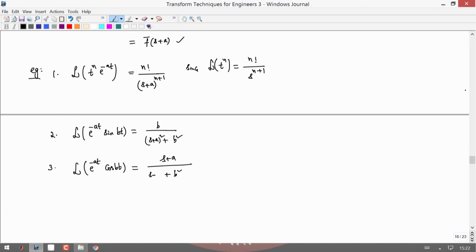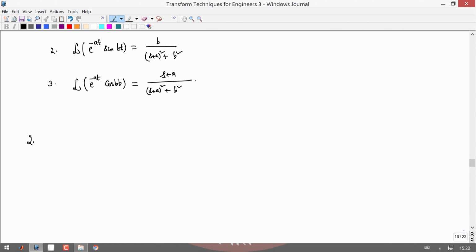So, you have s plus a divided by s plus a whole square plus b square by the property. So, this is how you can handle elementary functions: if you multiply with the exponential functions, you can easily, without calculating its integral, directly write by replacing s by s plus some constant, whatever exponential order which you multiplied.